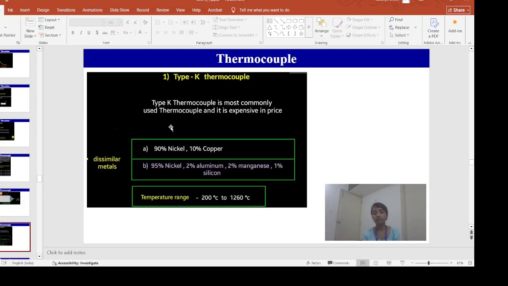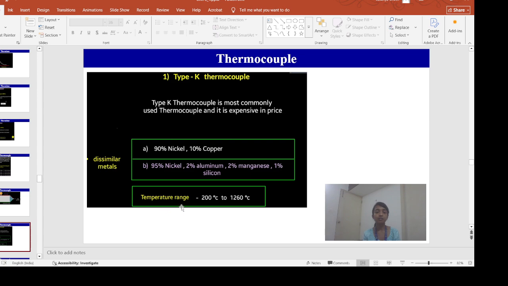Now, we have different types of thermocouples based on the different metals we are using. Type K thermocouple is the most commonly used thermocouple and it is mostly expensive. Here we use 90% nickel, 10% chromium as one material, and then 95% nickel, 2% aluminium, 2% manganese, and 1% silicon as another material.